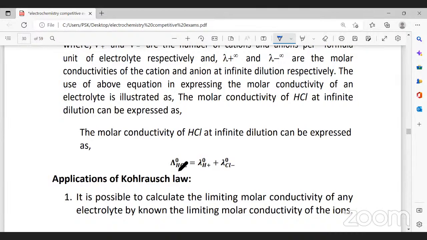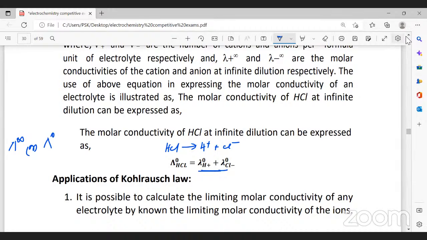Lambda naught of HCl, lambda naught indicates infinite dilution. So we can write it as lambda infinity or lambda naught. That will be equal to, see, HCl is a strong electrolyte. It will dissociate completely to form H plus and Cl minus. So the conductivity of H plus ions and the conductivity of Cl minus ions, the sum of the two, gives you the overall molar conductivity of HCl.